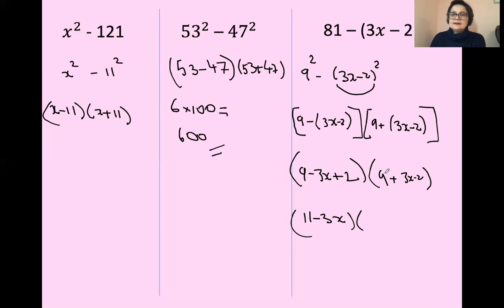Open the other bracket, 9 minus 3 is 7, 7 plus 3x. And this is the final answer. So although we were dealing with brackets, the second term is a bracket. Think of that bracket as one term and use square brackets to be able to easily get the terms inside the round brackets outside the bracket.